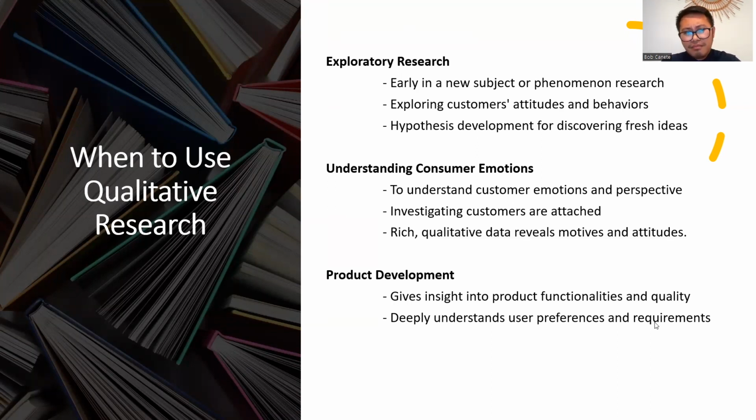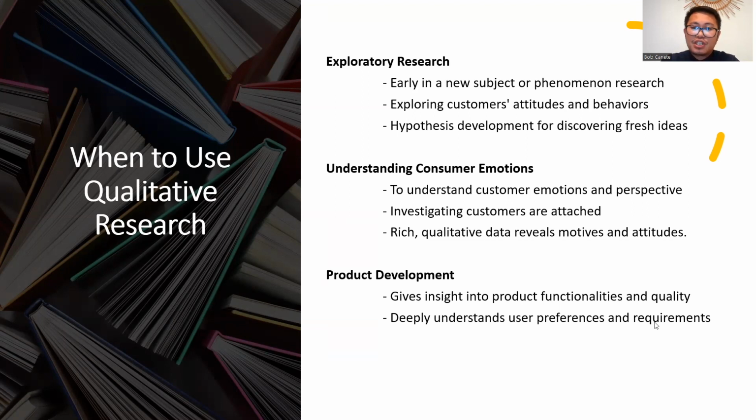And now, qualitative research is also used to understand consumer emotions. Is the product making them happy? Is the product making them sad? Is the product making them feel good or feel bad? So we use this research method to understand emotions and perspectives.